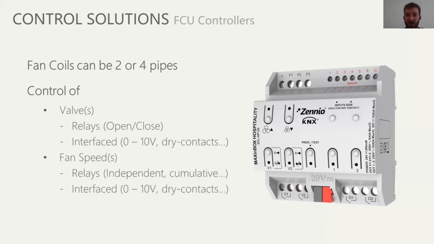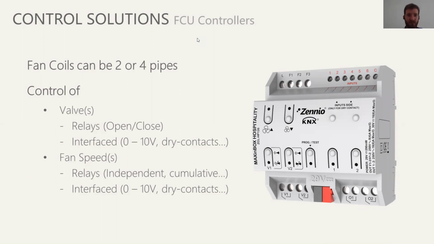Cumulative would be: turn on output number 1, and that's minimum speed. Now add output number 2, that's medium speed, and add relay number 3, that's maximum speed, for example. Or again, you can have this interface with a 0 to 10 volt control signal, or dry contacts, and then a third-party device actually controlling the power sent to the fan.